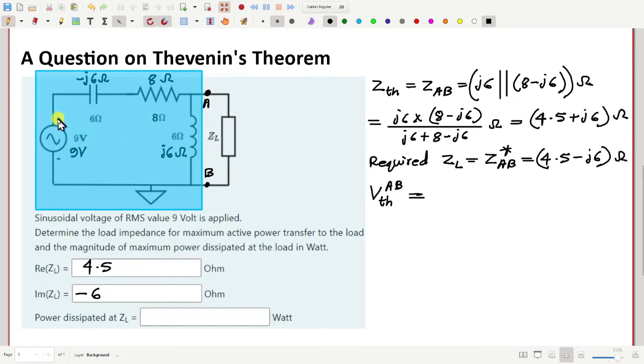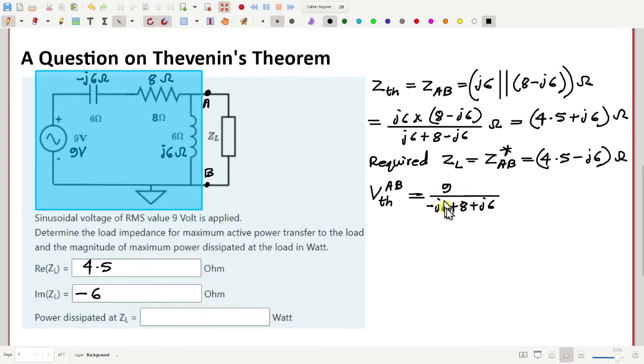We have a voltage source and some impedances connected in series, so we can apply the potential divider rule. So 9 volt divided by minus J6 plus 8 minus J6 plus 8 plus J6.